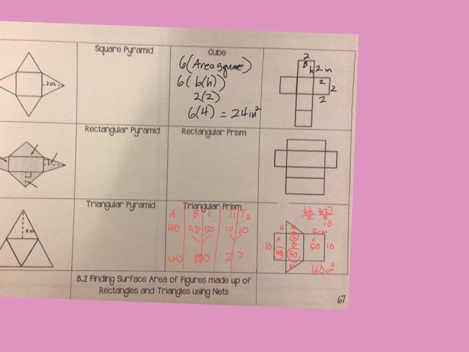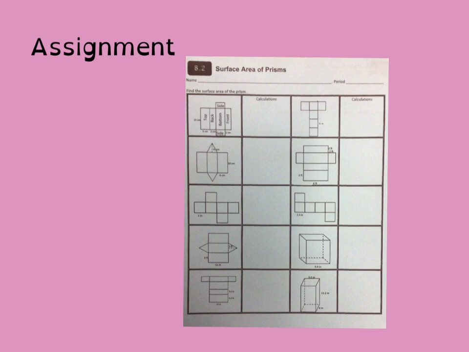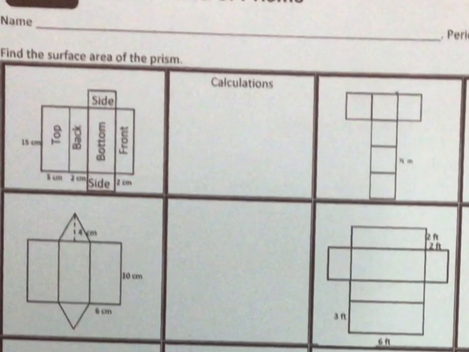Okay, so that is kind of the strategies that we're going to be using today to do prisms. Let's try some of these on your assignment. There isn't really a practice on this assignment. We just move right into your assignment. There's 10 questions here, and we're going to do quite a few of them with you so you feel comfortable before you do a few of these on your own.